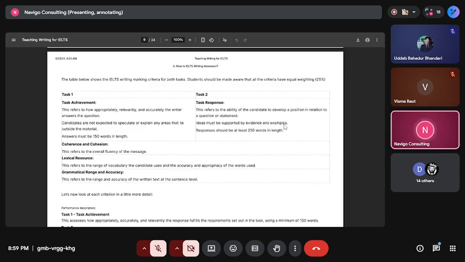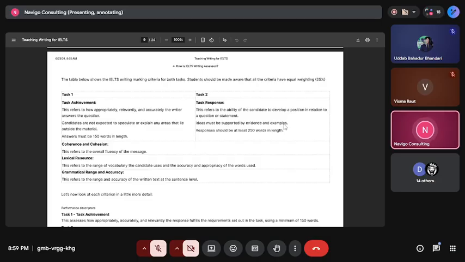Whatever is asked in the question, you being able to answer those, giving responses on the basis of the question makes you achieve the marking criteria, which is task achievement. And in task 2, we call it task response. This refers to the ability of the candidate to develop a position in relation to a question or statement, which means about the issues, about the questions, whatever is asked in the essay.